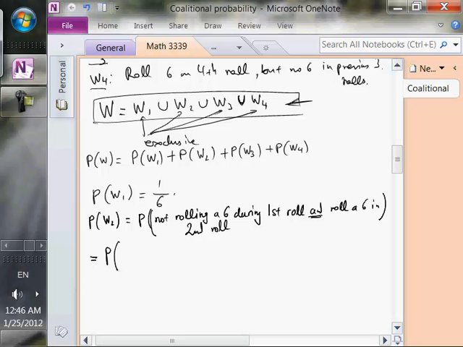So this is the probability that you roll a 6 during the second roll, given that you rolled no 6 in the first roll, times the probability that you roll no 6 in the first roll.